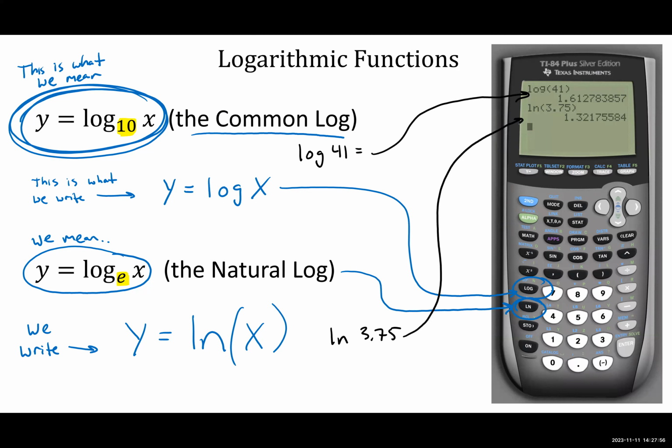So if you're going to evaluate a log base 10 or a log base e on the calculator, you've got a button: LOG for log base 10, LN for log base e. We're going to be doing some of this on a calculator, some not. With the calculator, we're getting a decimal, which means we have to round, and rounding means changing. So sometimes that's appropriate, sometimes it's not.